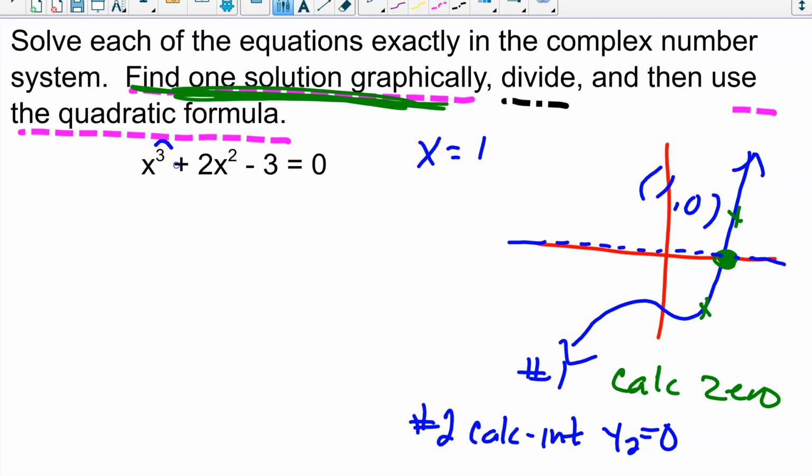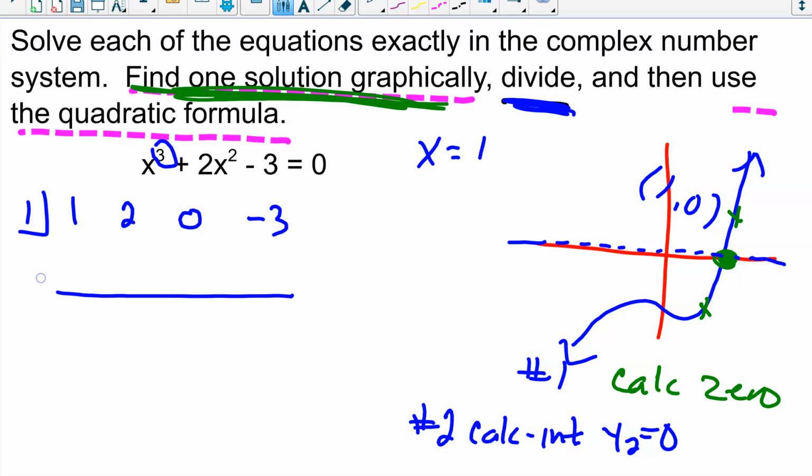We know that there's going to be actually 3 solutions, all right? So first thing you're going to do is take that 1 and use synthetic division to find another factor. So if I did that, I would have my x cubed, my x squared, my x is 0, and negative 3 is my number. Be careful you put that 0 placeholder in.